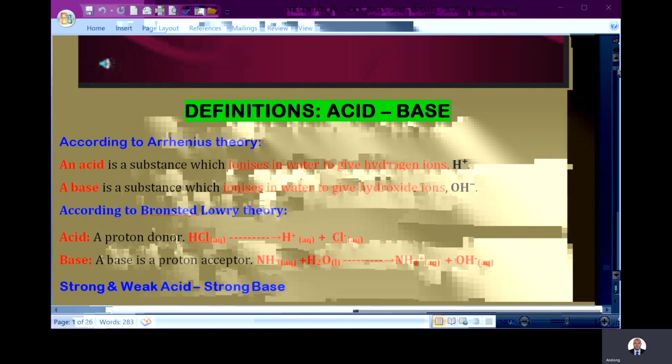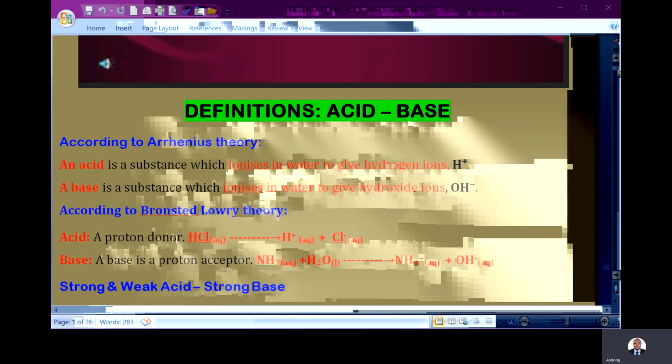Or an acid is a substance which ionizes in water to give hydrogen ion as the only positive ion. Secondly, we can define a base as a substance which ionizes in water to give hydroxide ion.